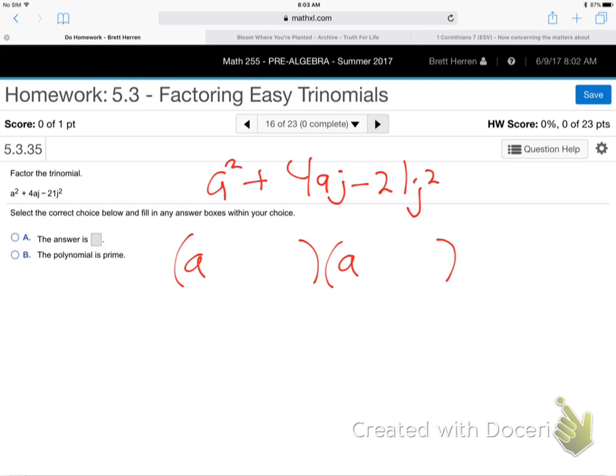So 2 parentheses, a is in the front, j is in the back. Good so far?